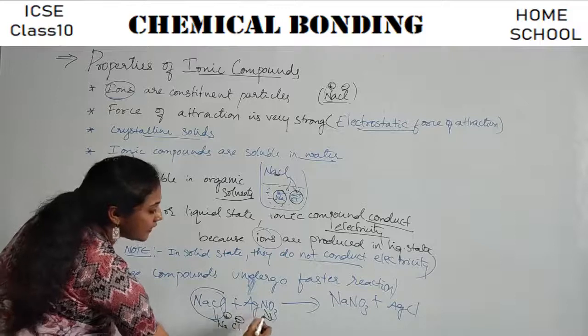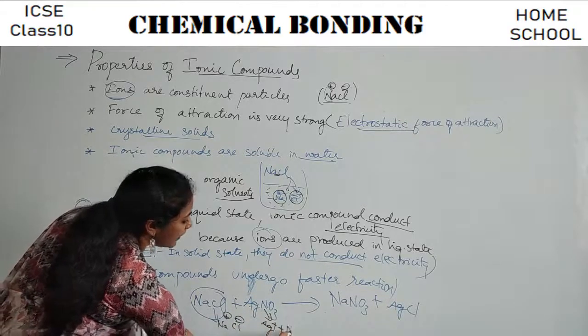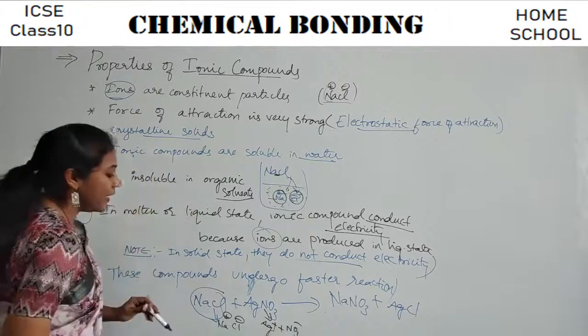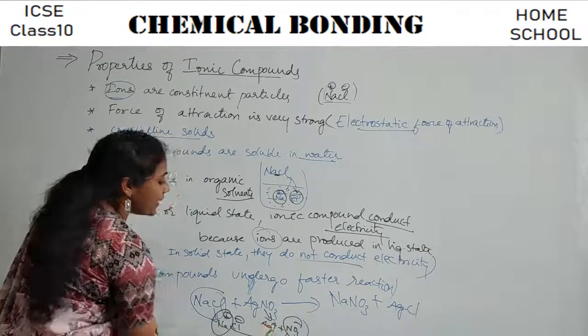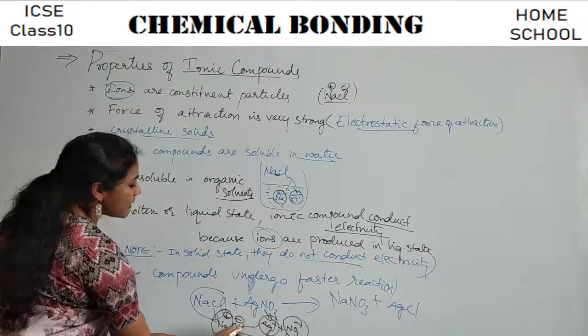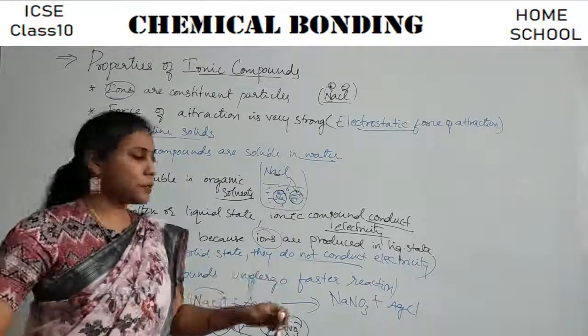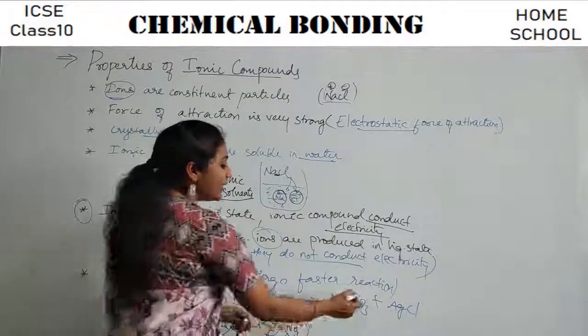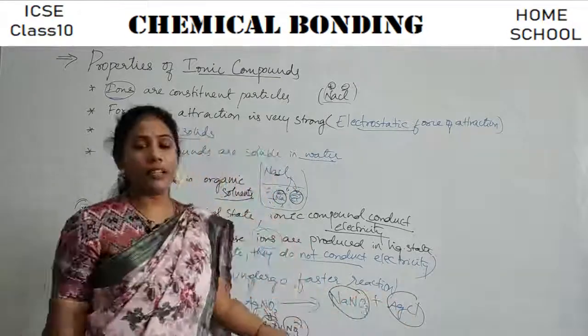Similarly, this is also an ionic compound. When you put it in water, you would have got Ag plus ion and NO3 minus ion. So Na plus ion combines with NO3 quickly, Ag plus combines with the Cl minus quickly. So very quickly exchange of ions takes place and you get entirely new products which are also ionic.